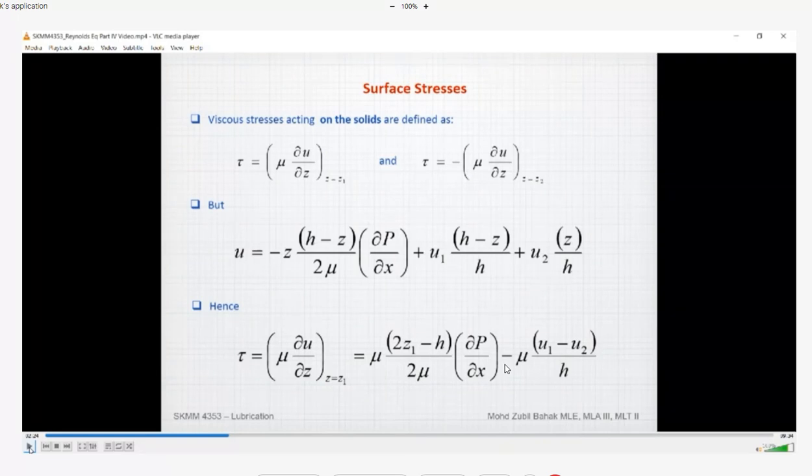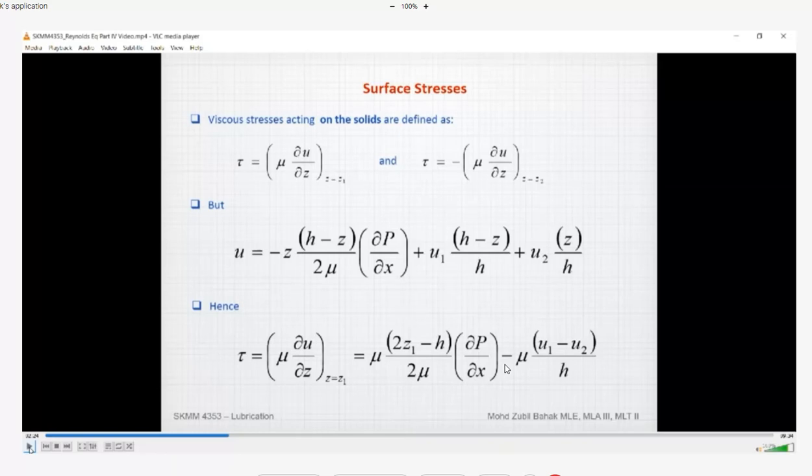If we just continue with the velocity only... but whenever we move, there must be shear stresses. So that shear stress needs to be considered and combined into the equation.